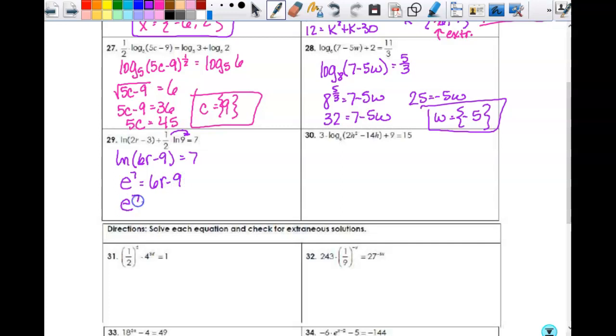So e to the 7th plus 9 equals 6r, which means r is equal to e to the 7th plus 9 divided by 6. Okay. So if I'm going to multiply all of this by 2 and then subtract 3 when I test for it, well, this clearly is going to be way bigger than 3, so this is my answer, and I'm good.